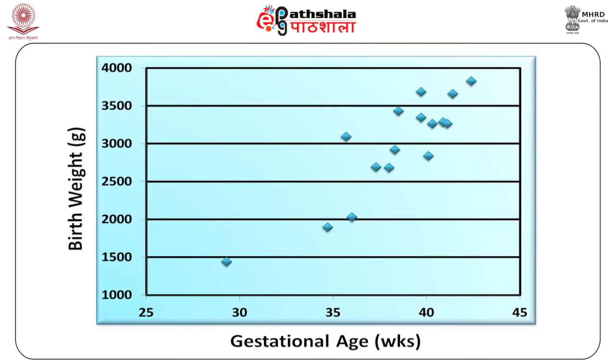The scatter plot shows a positive or direct association between gestational age and birth weight. Infants with shorter gestational ages are more likely to be born with lower weights, and infants with longer gestational ages are more likely to be born with higher weights.